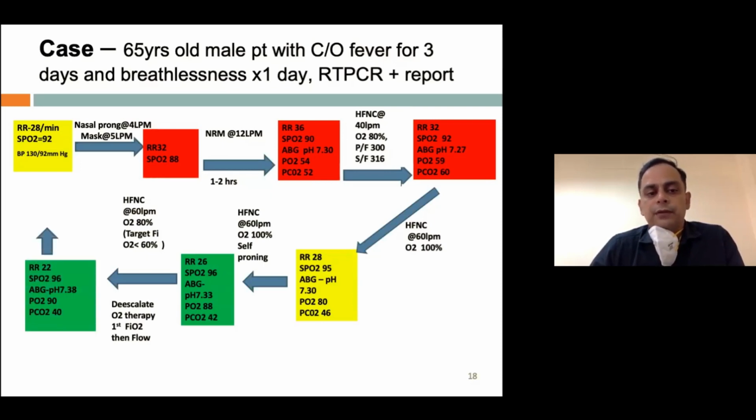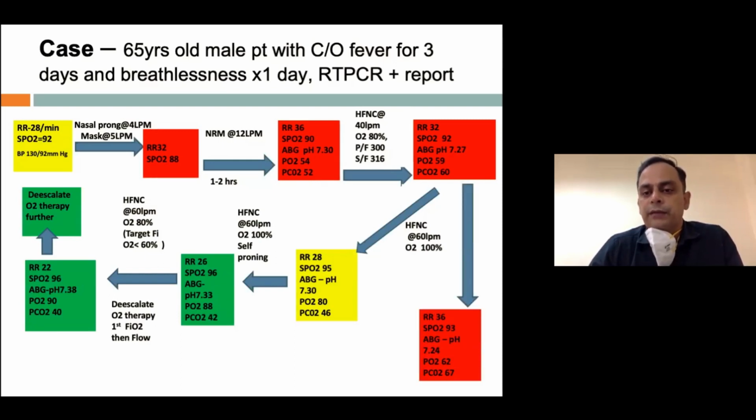Suppose we have started high flow nasal cannula and still the patient is not responding even with high flows, with 60 liters per minute, and the oxygenation is still not maintained and his PCO2 is building up, say to 67 millimeters of mercury, then we will have to go for assisted ventilation, or a device where we are going to assist the patient also.